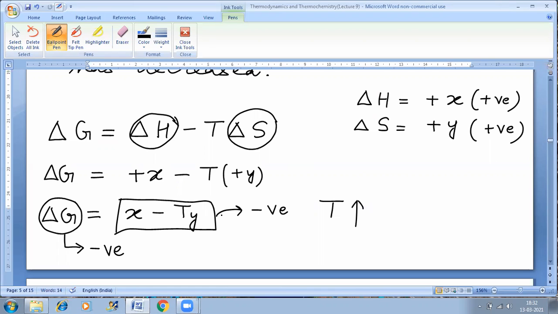And if Ty becomes very high, then X minus Ty will become negative. So if both delta H as well as delta S are positive, then delta G becomes negative at high temperatures. This is the conclusion.